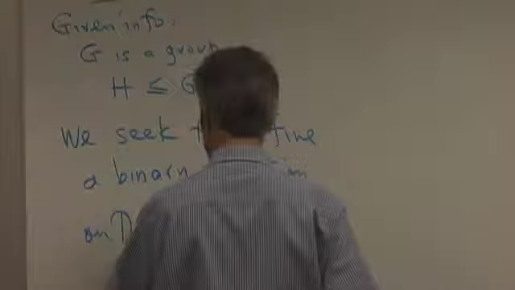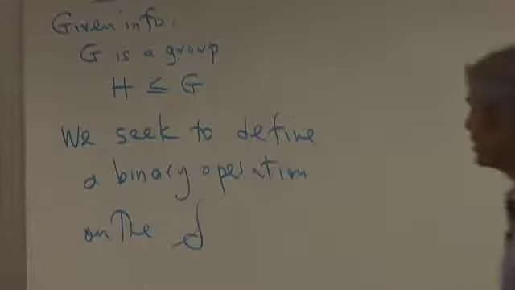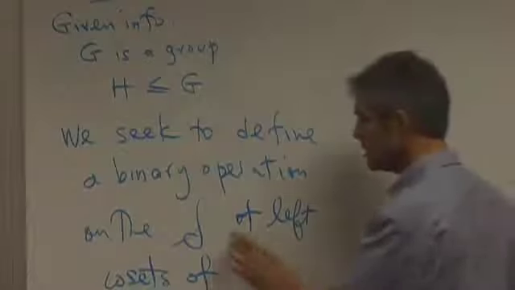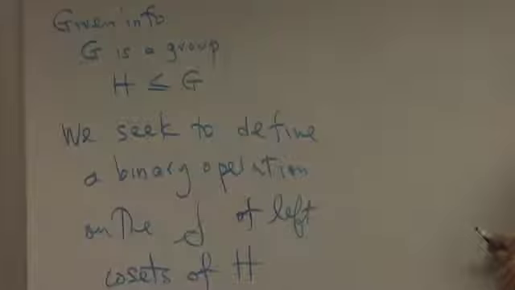For now, folks, I'm going to call it script S. We're going to give it another, I don't know, more standard name once the process is all said and done, of left cosets of H. Okay? So I've given the set of left cosets a name. I've called it script S. It's the first time we've given that set a name.